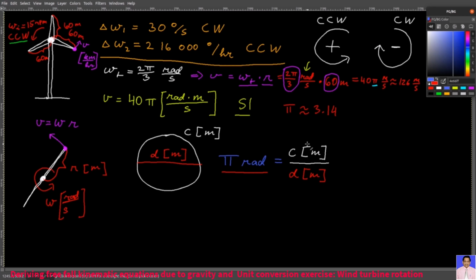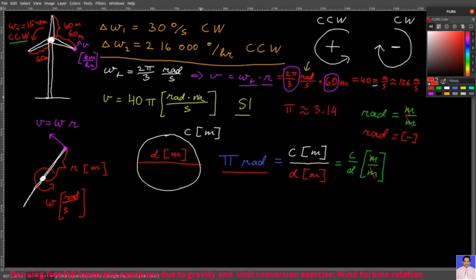Since it's a ratio of a circle's circumference and its diameter, the unit of radians can be written in this form: meters over meters. You can see it here. Pi radians equals C over D, meters over meters. That's the unit. But this meter over meter, you can cancel them out. That really means that radians is actually dimensionless.